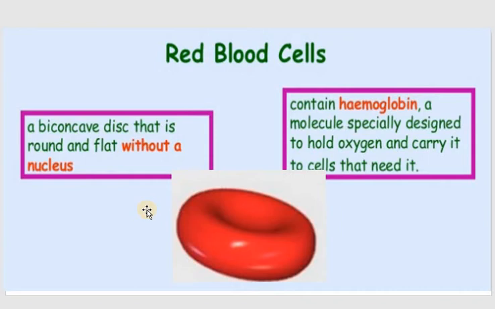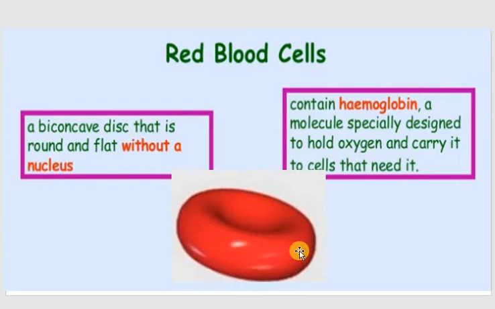Now, red blood cells. You can see the structure is a biconcave disc. Bi means two, disc means round. So biconcave, you can see it is round and flat, without the nucleus.